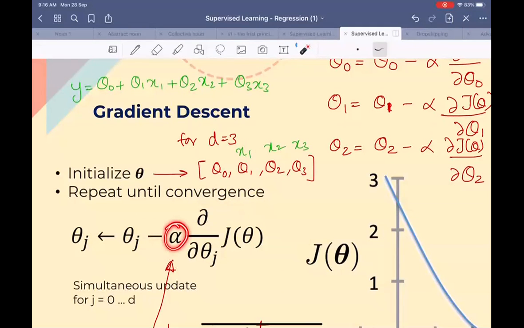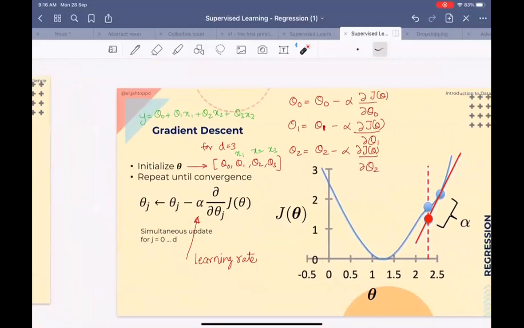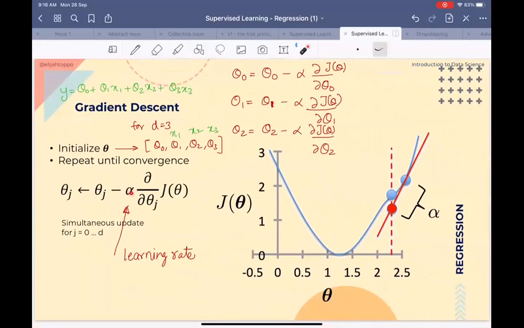We have one, which is the learning rate, the rate at which we will learn. The second is the gradient, which gives the algorithm its name, gradient descent. So we'll say the new values of thetas are our old values of thetas minus the learning rate multiplied by the gradient.